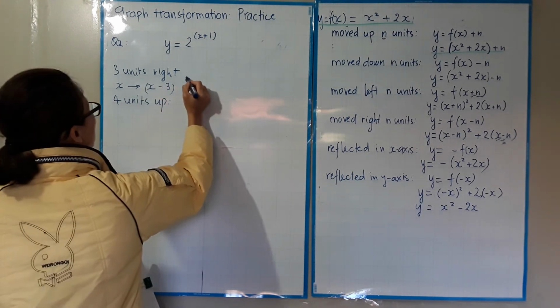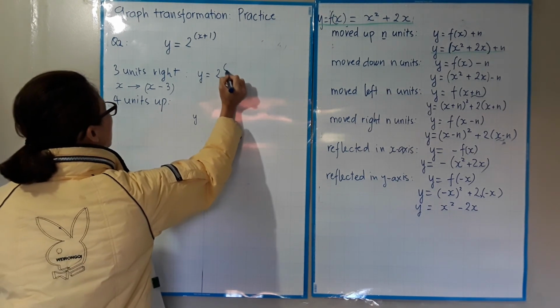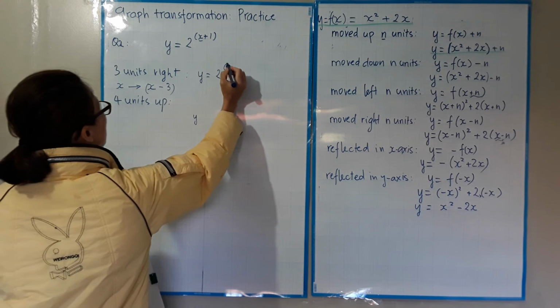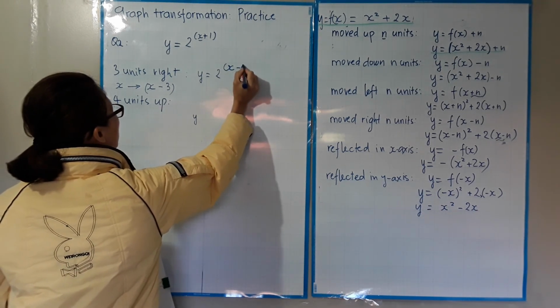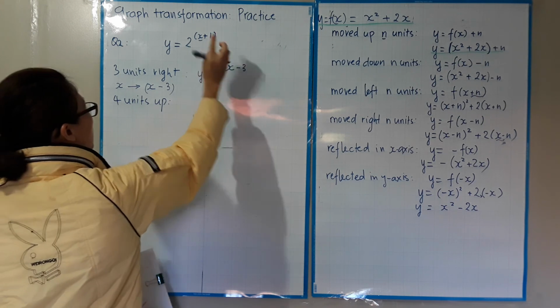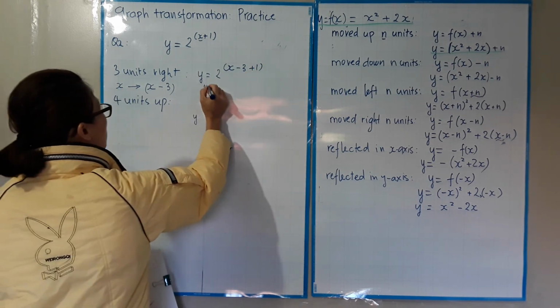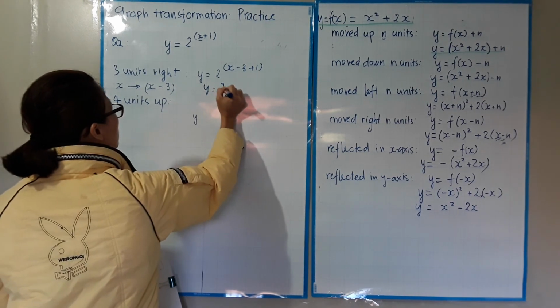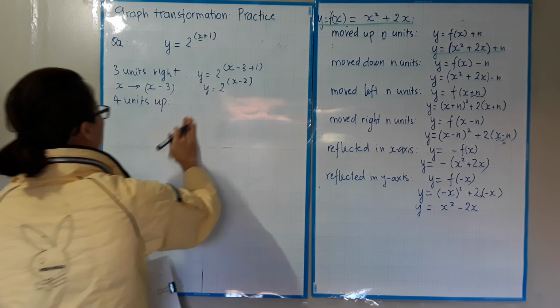Okay, now you've got to do it. y equals 2 to the power of x here will be replaced by x take away 3. And please don't forget the number 1 here. Simplified, you have y equals 2 to the power of x take away 2.